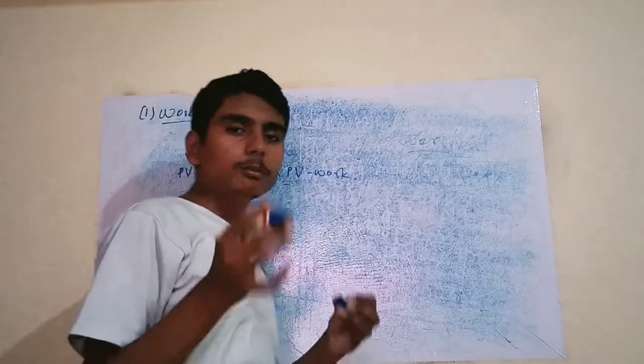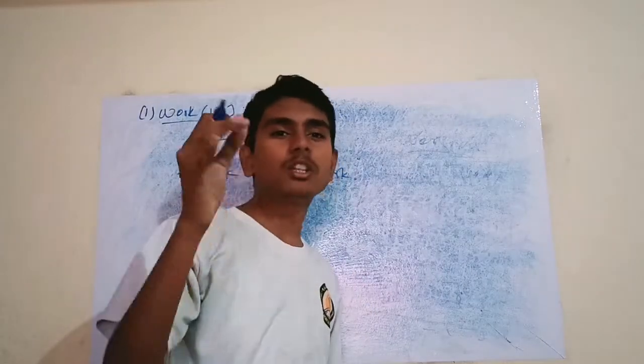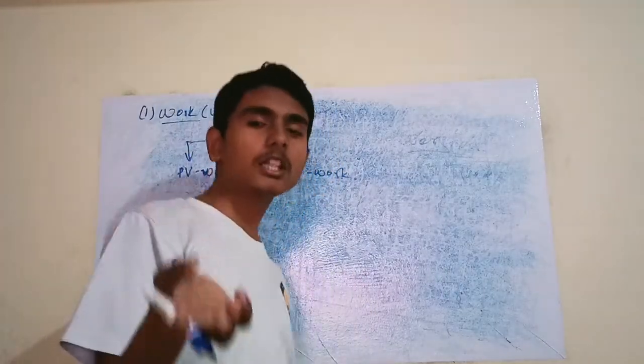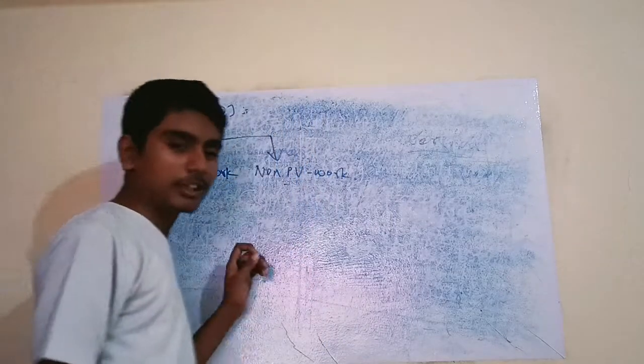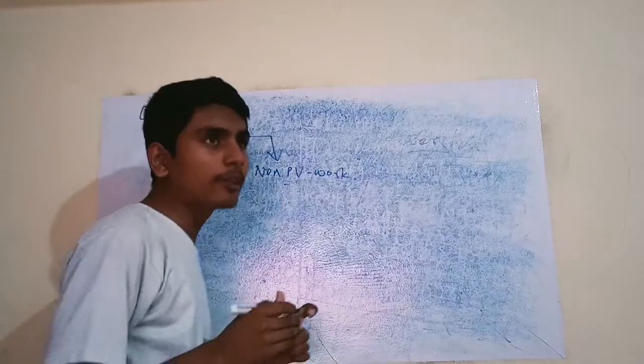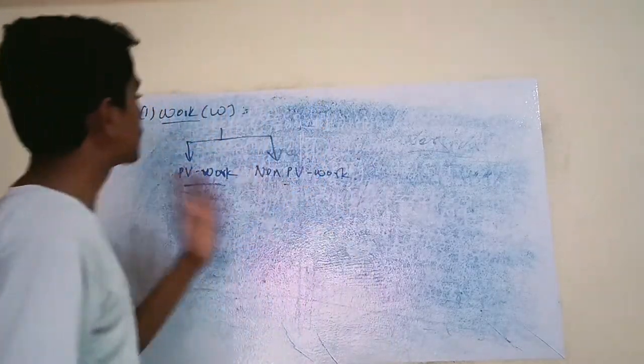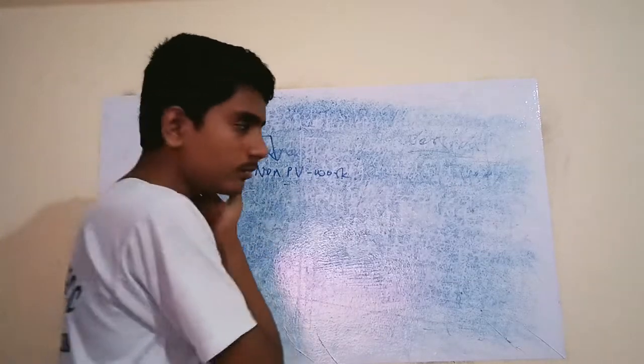Non-PV work means electrical work or mechanical work, all other works; those are not discussed in thermodynamics. In thermodynamics we will only discuss PV work. What that PV work is, we will discuss afterwards.